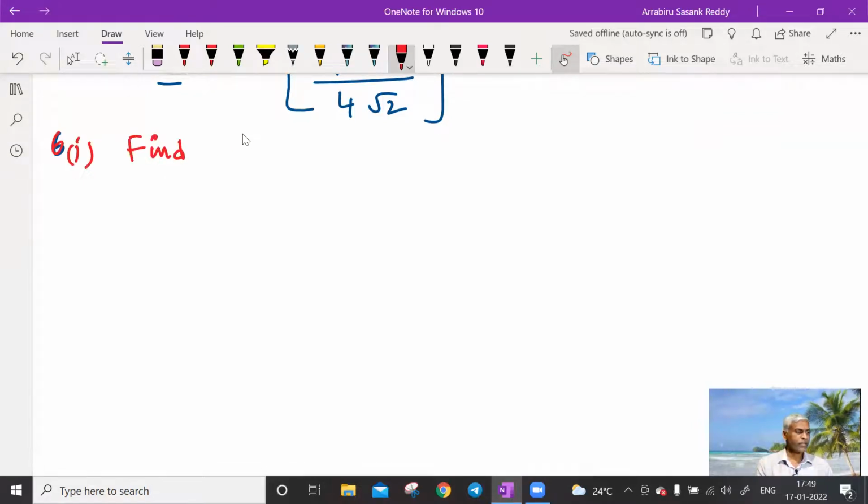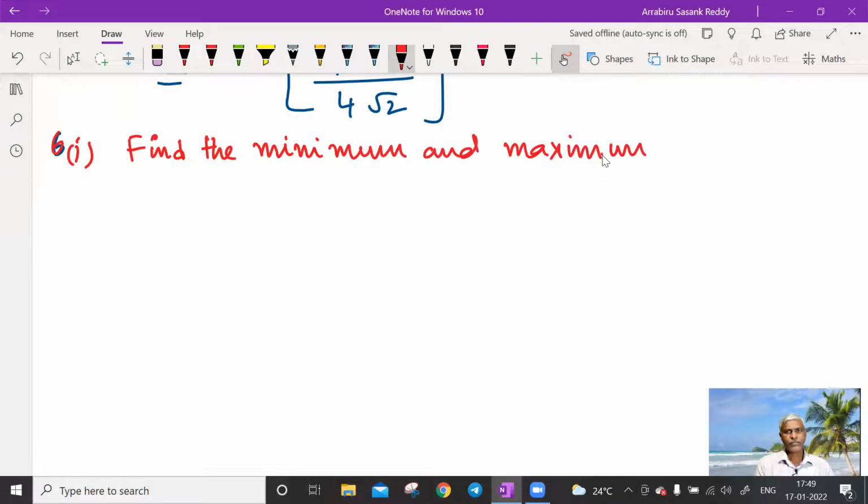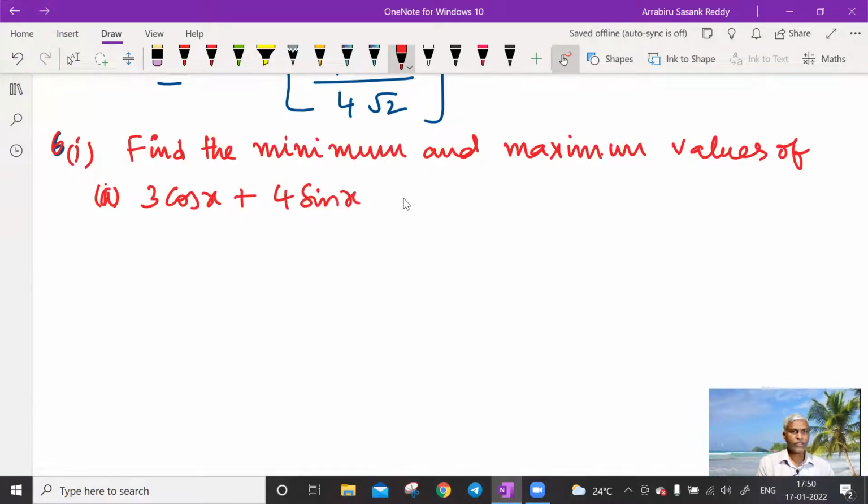Find the minimum and maximum values of: first one, 3 cos x plus 4 sin x.